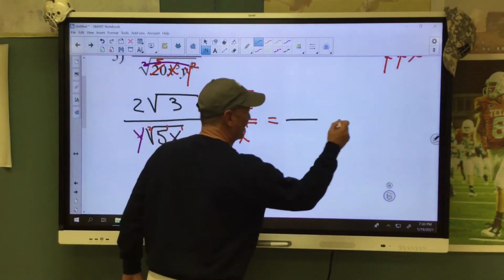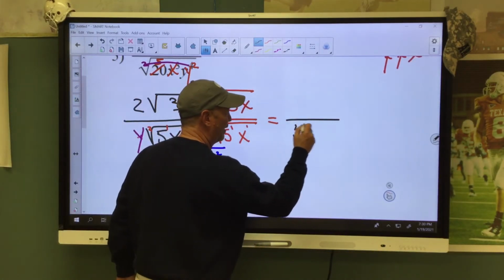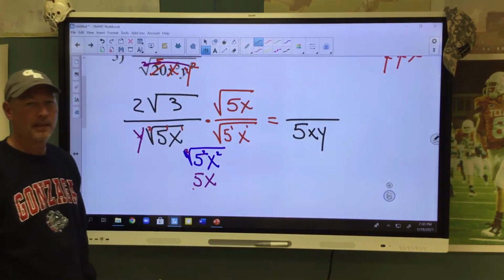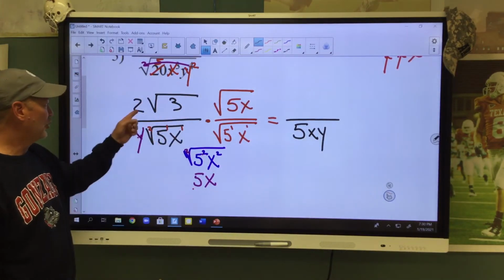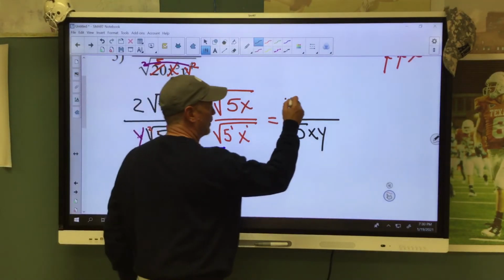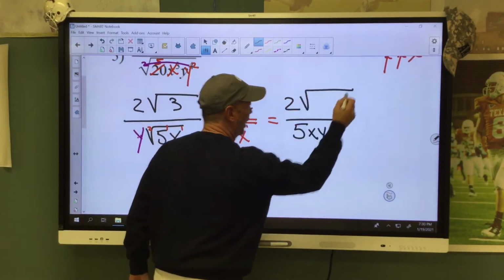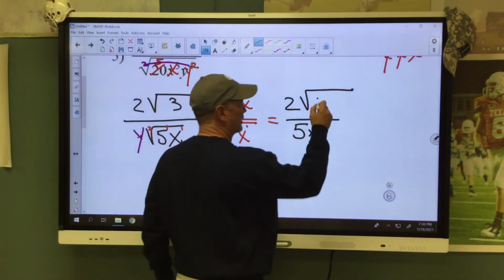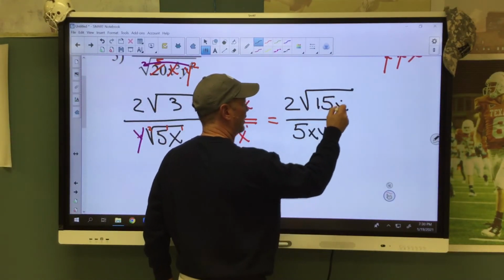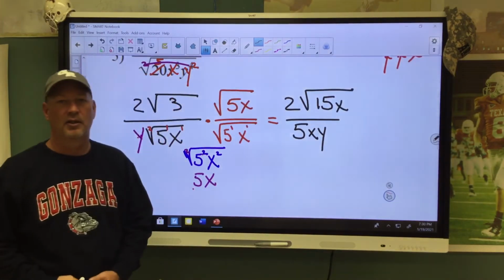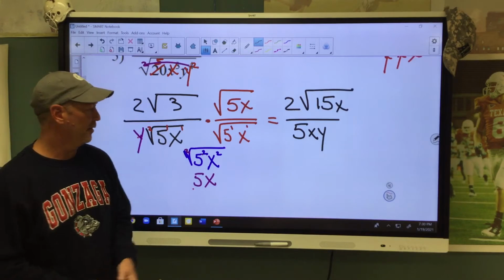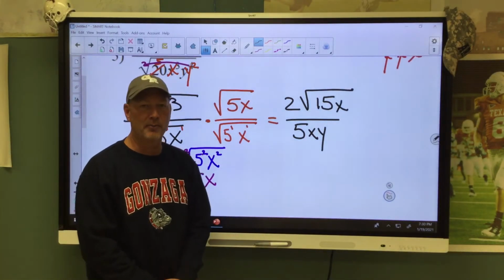That's going to leave me in the denominator 5xy. In the numerator, the 2 stays outside. And then we multiply, and we get 3 times 5x is going to be 15x. We have rationalized the denominator. We do not have a radical in the denominator anymore.